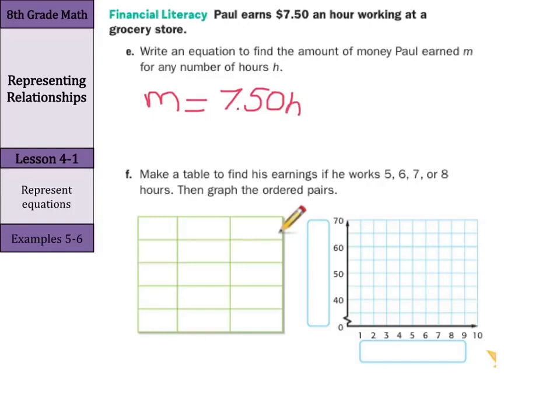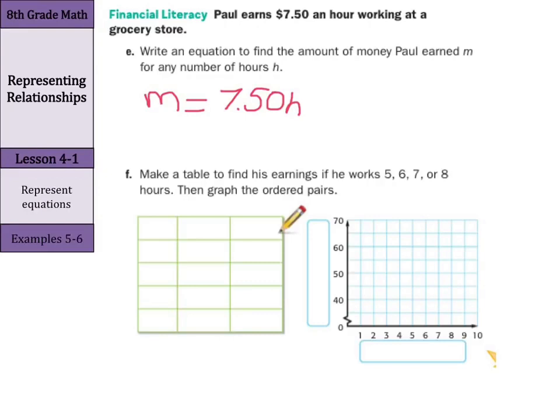So if he works 1 hour, 7.50 times 1 is 7.50. 7.50 times 2 hours is $15. And that's how we can calculate. Now we want to make a table to find his earnings if he works 5, 6, 7, or 8 hours. Then we'll graph the ordered pairs. So we're taking this from our words to our equation, to our table, and to our graph. All 4 forms that we can represent linear equations with.